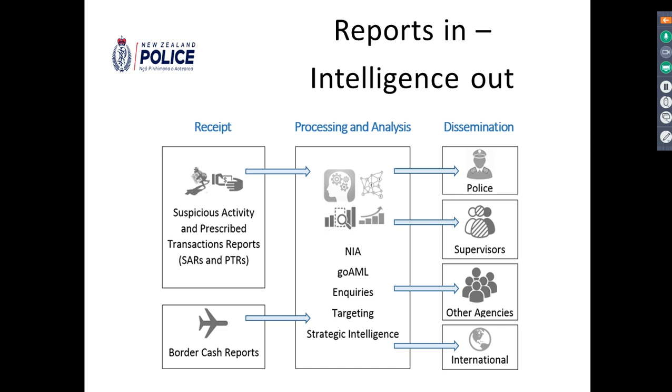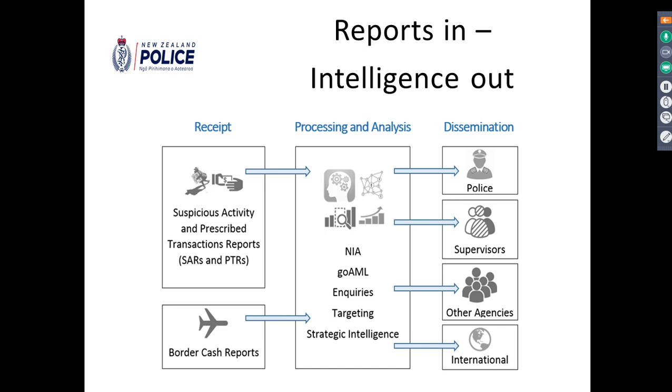Department of Social Development. So for example, if we are receiving suspicious transaction reports where a beneficiary is identified as depositing large amounts of cash into his or her account, then we would disseminate that to Inland Revenue and probably to the Department of Social Development as well.